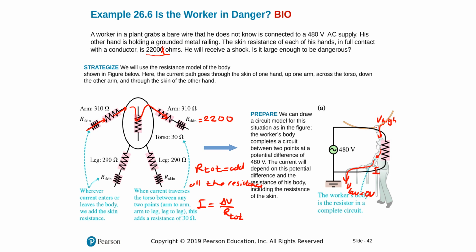And here's what delta V is: he has high voltage here, low voltage there. This is like he is connected to a very high power supply, with delta V equal to 480 volts.